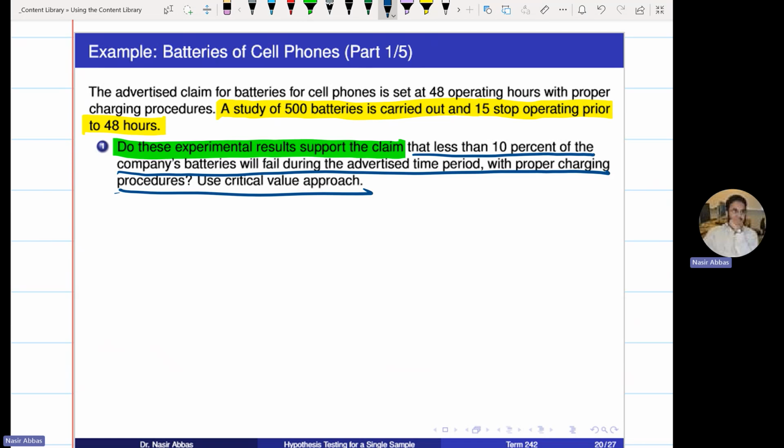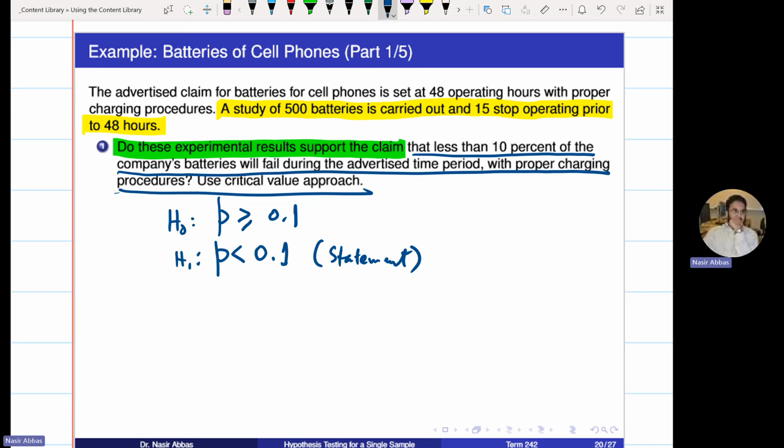Is it about P or mu? Is it the proportion of something or the mean of something? Proportion, percentage or proportion. And the statement is that P is less than 0.1. What is the opposite of this statement? Which one contains equal sign? You see, nothing new. The whole chapter is the same story. Which one contains equal sign?